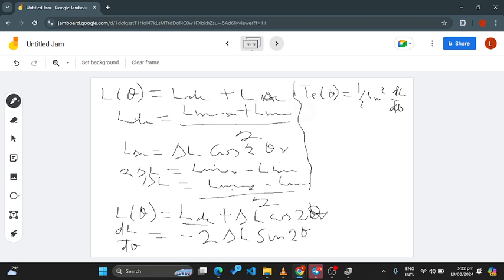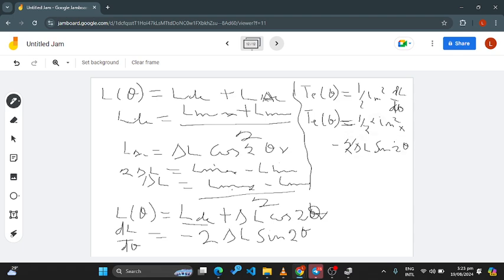So the torque equation will now be equal to half times I_m squared times minus 2 change in L, or just 2 times change in L, sine 2 theta.